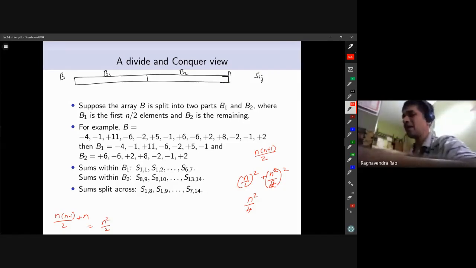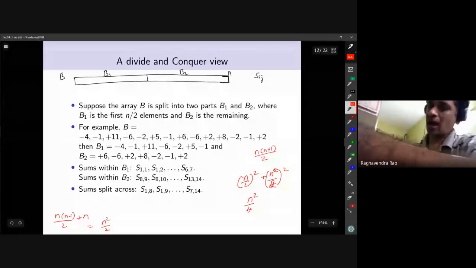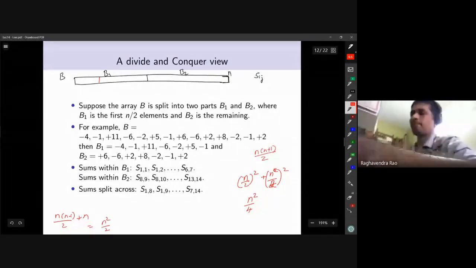Okay. So I still have a significant number of pairs which are left out, right? Which is basically those that start in the left array and end at the right array. So can I do a brute force solution for them? How many of them will there be?